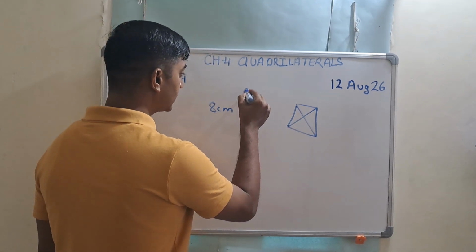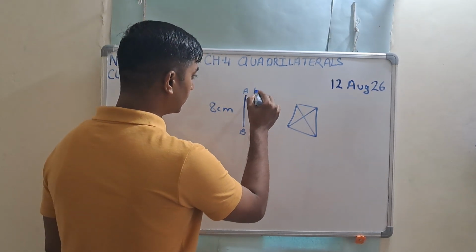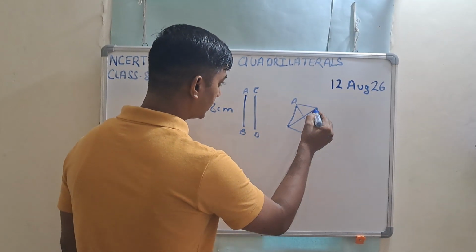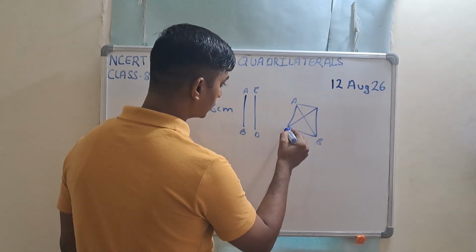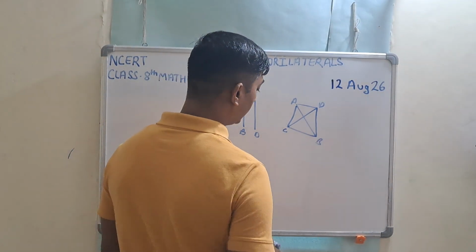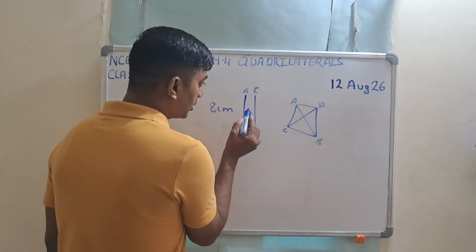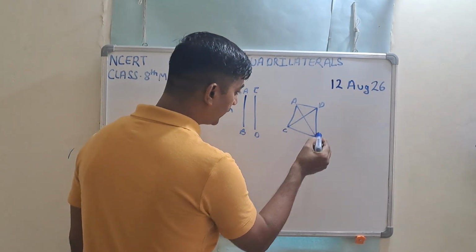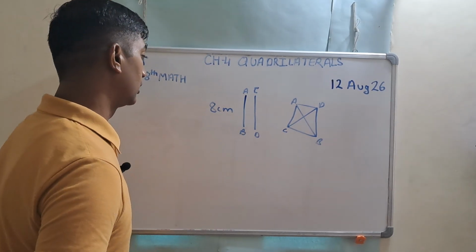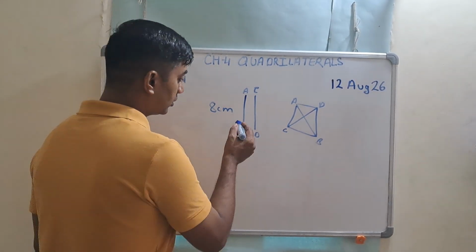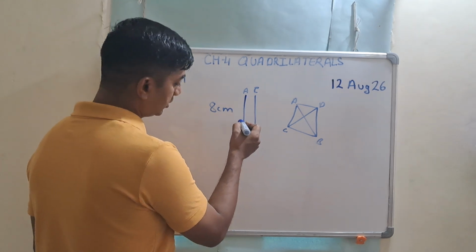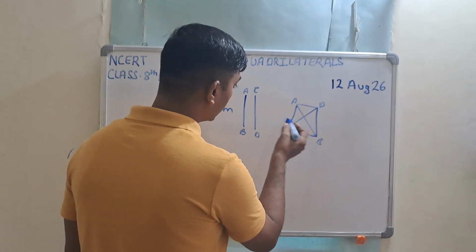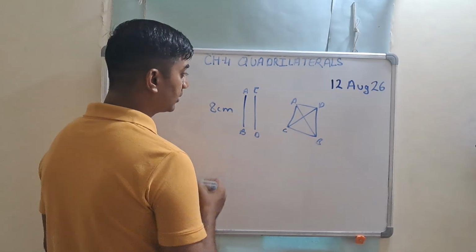If this is the stick AB and this is the stick CD, he wants to place this stick over this stick in such a manner that it becomes a perfect rectangle. And we have seen how he has found the perfect way of placing one stick over another to make a perfect rectangle.